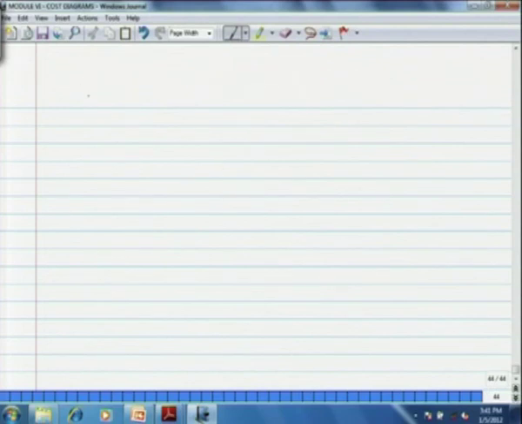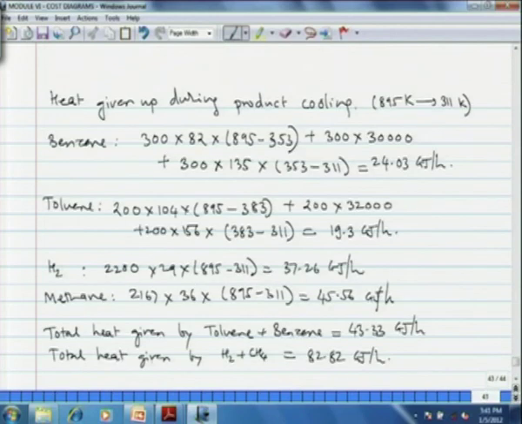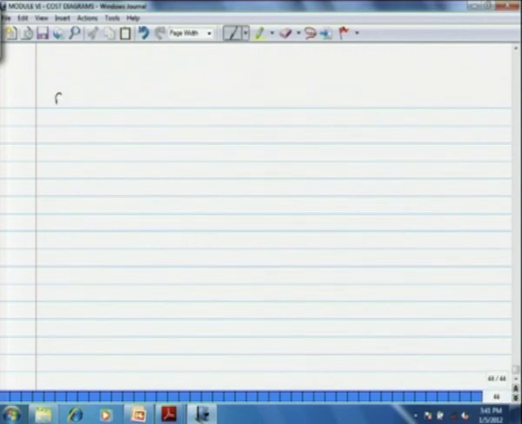We have the total heat given up by liquid streams 43.33. Now, the fresh toluene is 300, recycled toluene is 200. Therefore, we have to distribute the heat duty in proportion 3:5 and 2:5 for the net fresh feed and recycle feed.